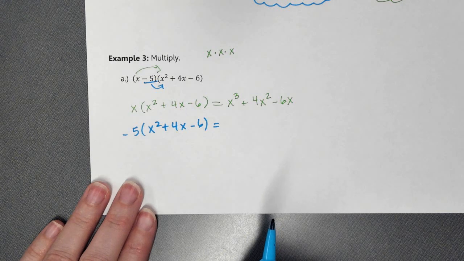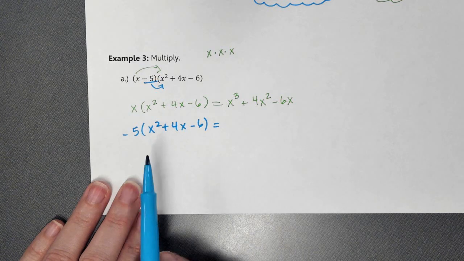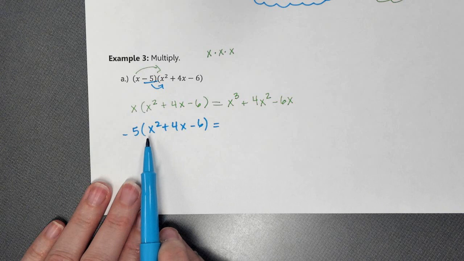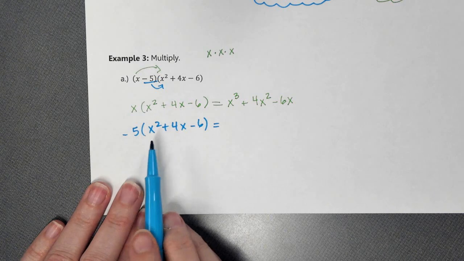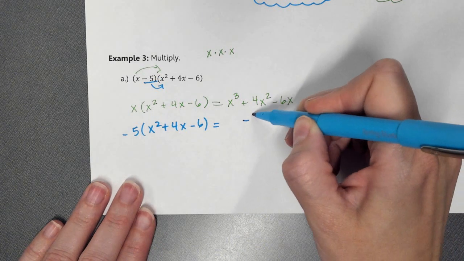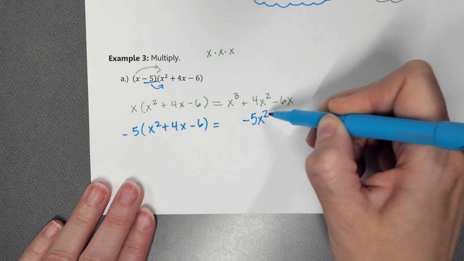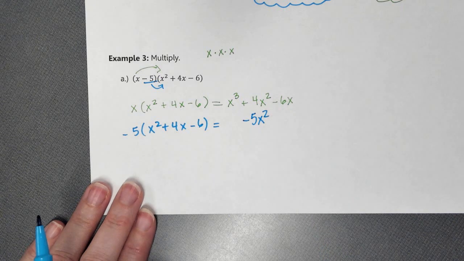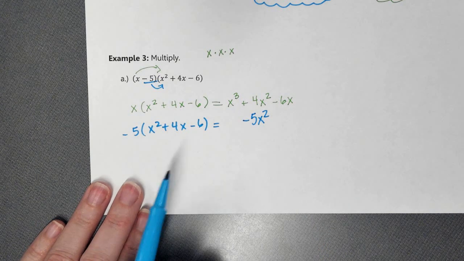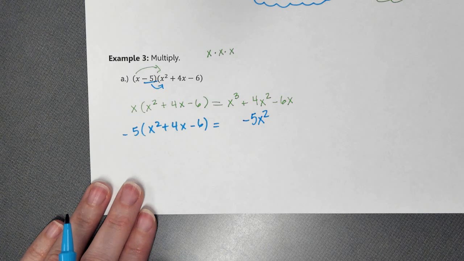I just don't want to go too fast. Now your next step is negative 5 times x squared. That's going to be negative 5x squared. So I'm going to line it up underneath the other x squared. Write that part down with me. I'm lining them up to make our last step easier.